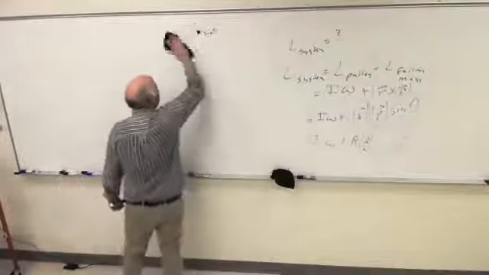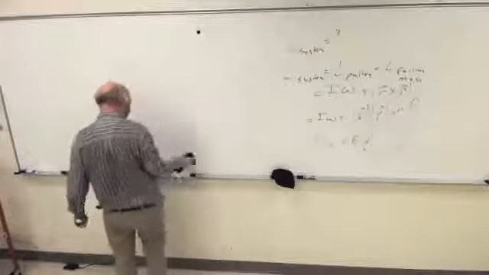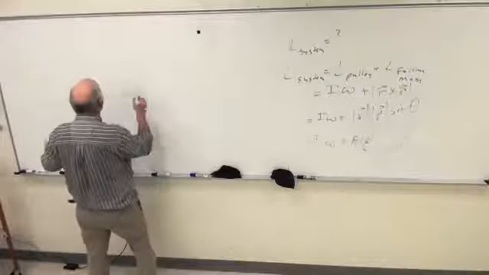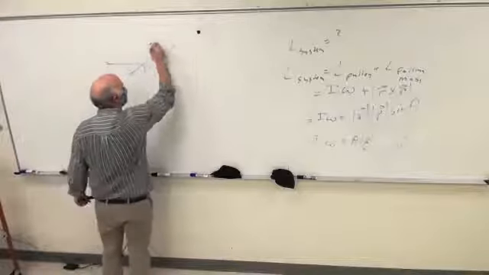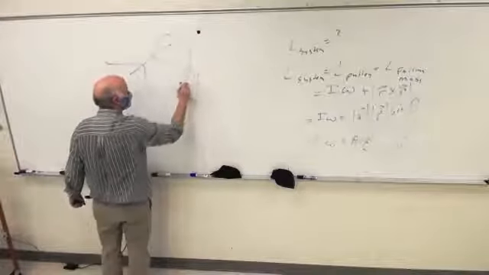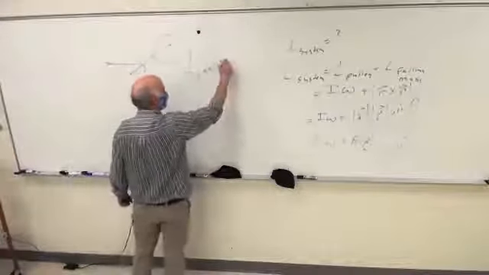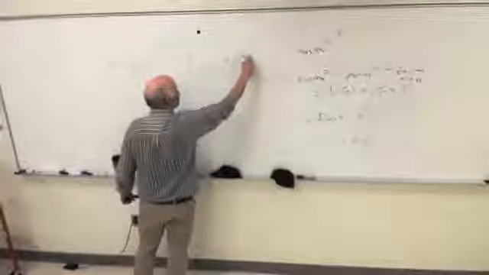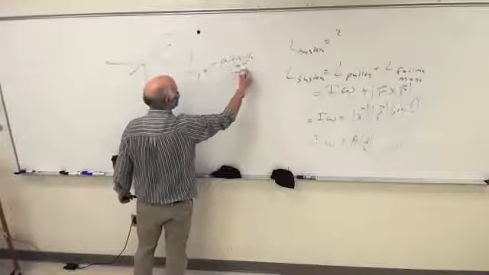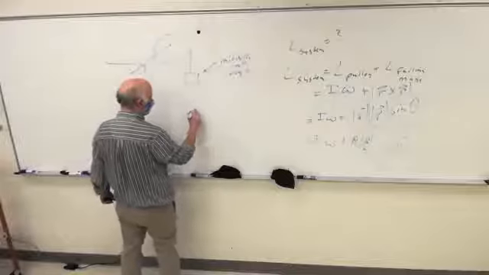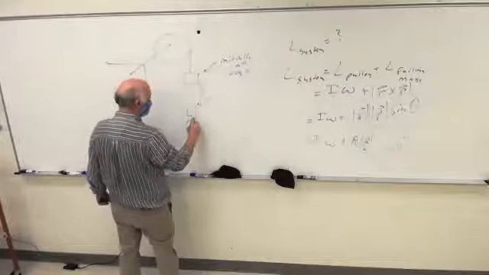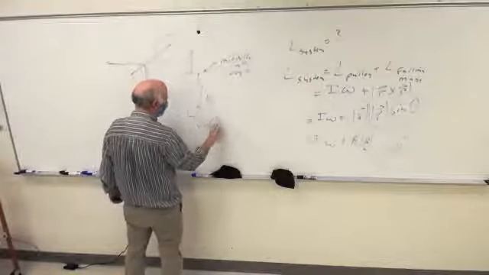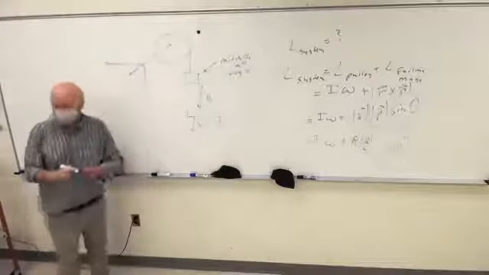So say you had something like this. This is the initial state. This is going to fall some distance here like this, h. You define the velocity.